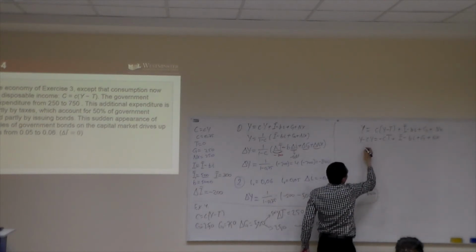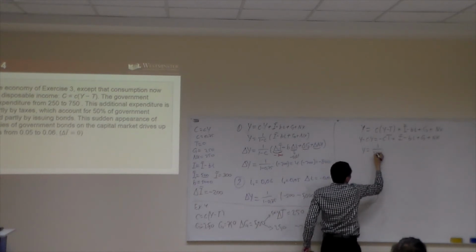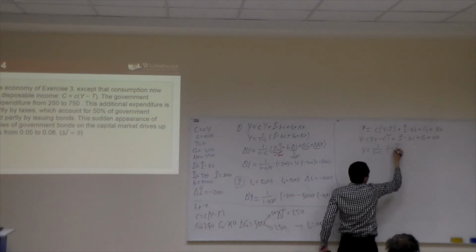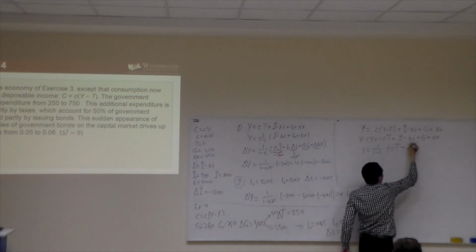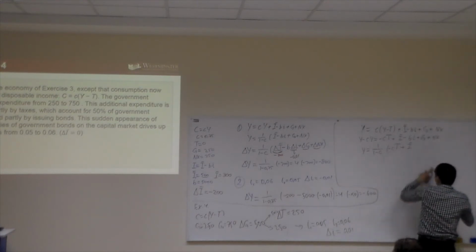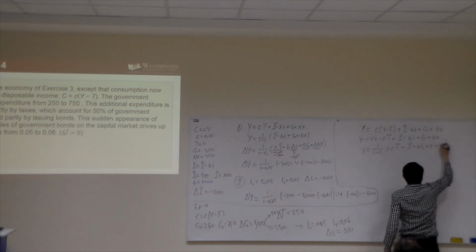So Y is equal to 1 over 1 minus c, times minus c tax plus autonomous investment minus b times interest rate, plus government spending plus net export.